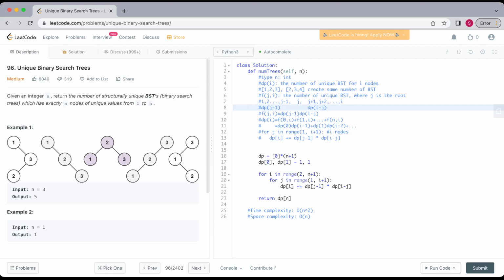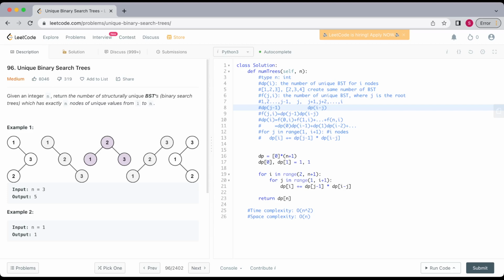And because dp[i] only depends on the number of nodes, but we don't need to consider the specific values of the nodes, from j plus 1 to i nodes, there are i minus j nodes, so we have dp[i minus j] number of unique binary search trees for the right subtrees.